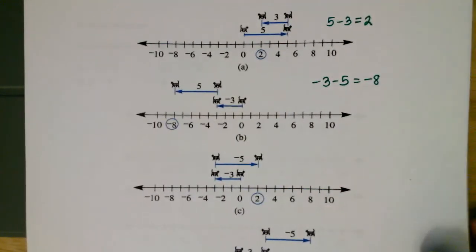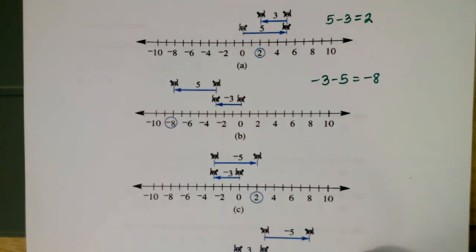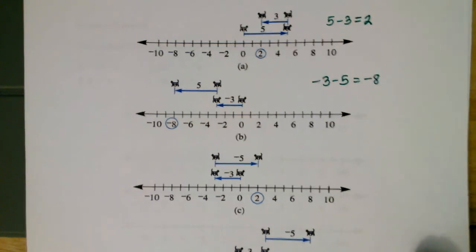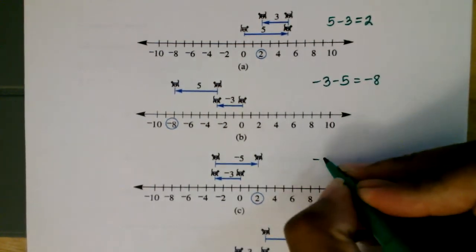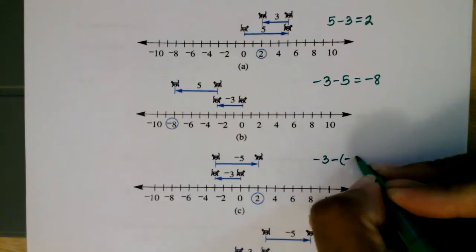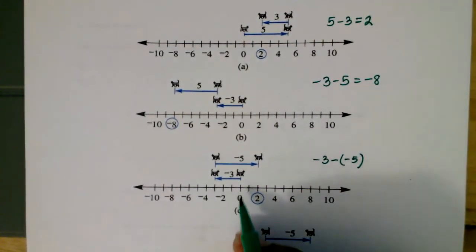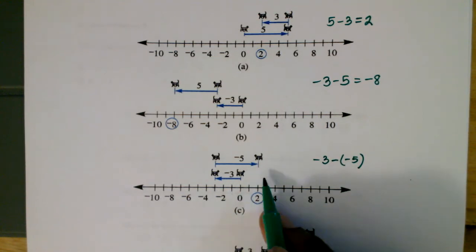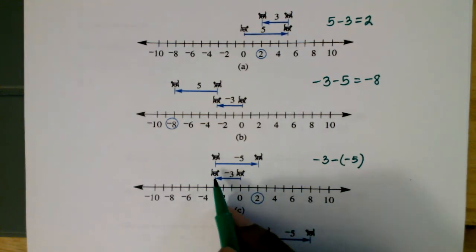Okay, now this next illustration is negative 3 minus a negative 5. All right, so we start at 0, facing the positive direction. We walk backwards 3 because it's negative 3.